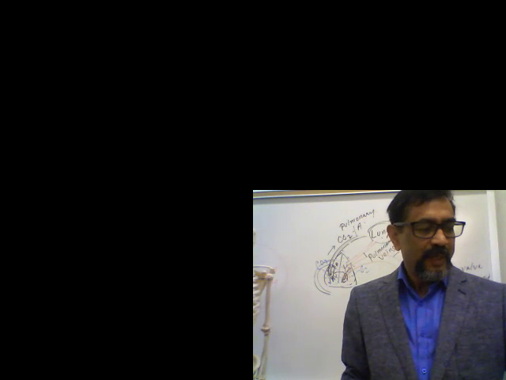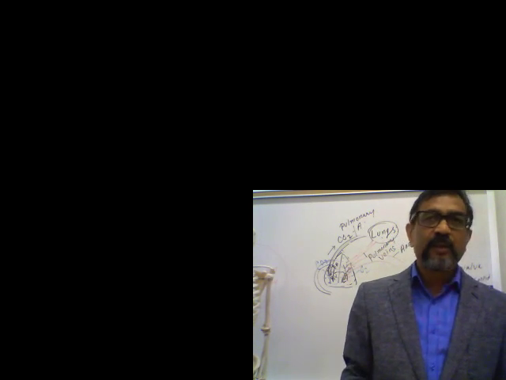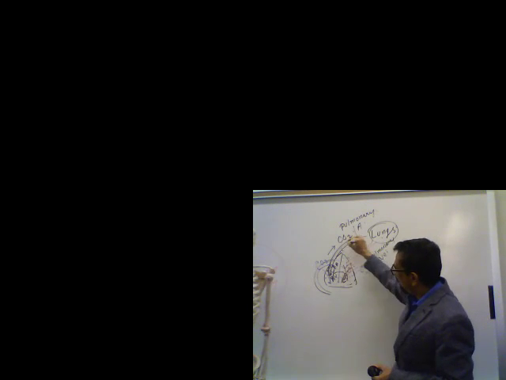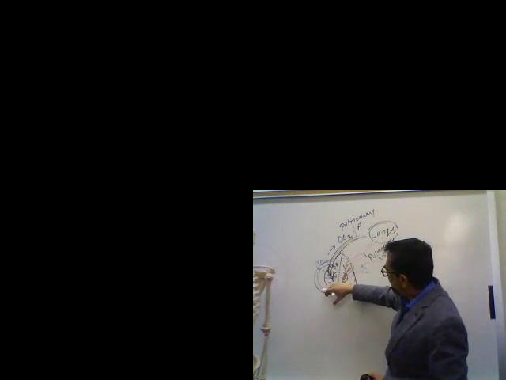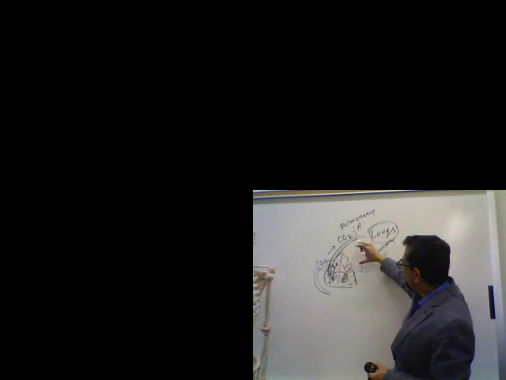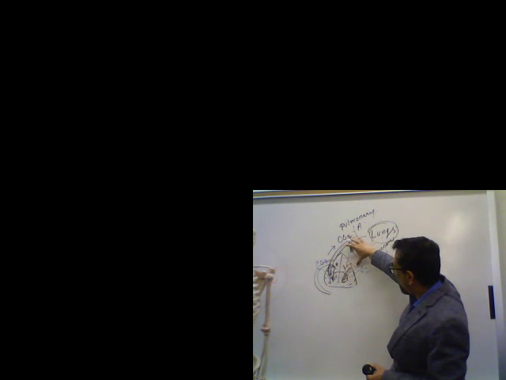They take the blood out or bring the blood in. These are large, very big blood vessels, taking the blood either out from the heart or bringing the blood in.